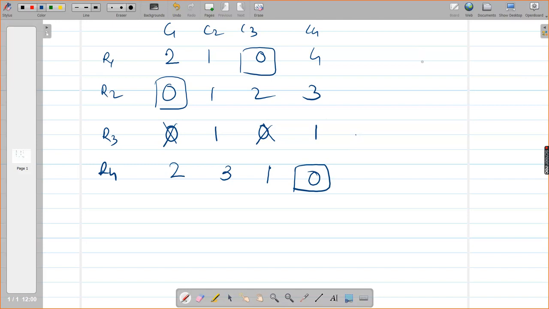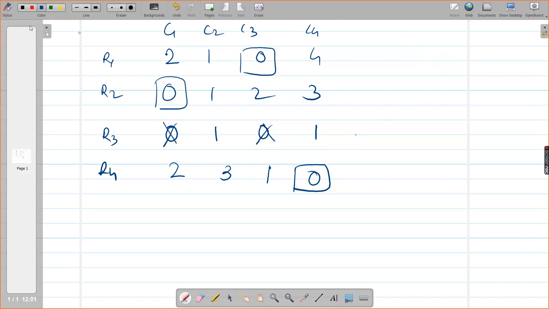We are going to use the tick mark method. What is the tick mark method? Look, I am going to explain the fourth step of the Hungarian method. Actually, we want to draw the minimum number of lines in this table so that all the zeros lie on at least one line.